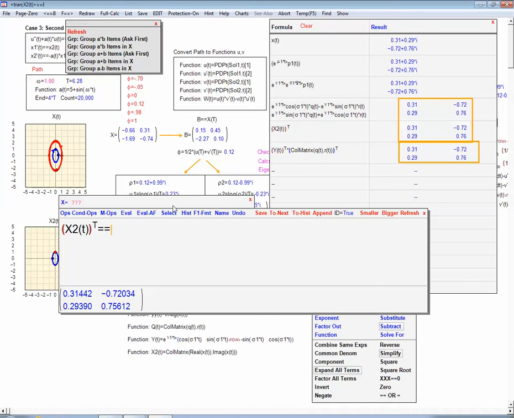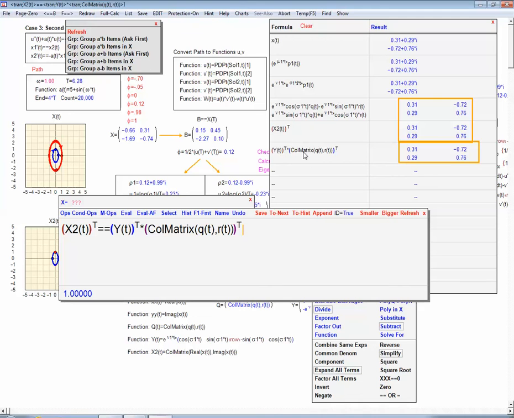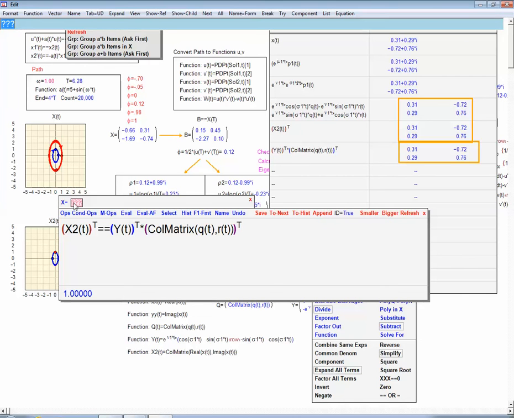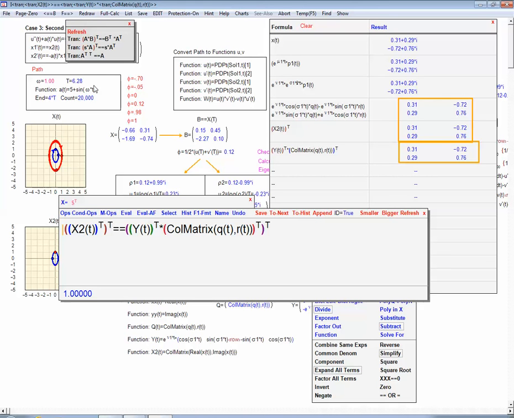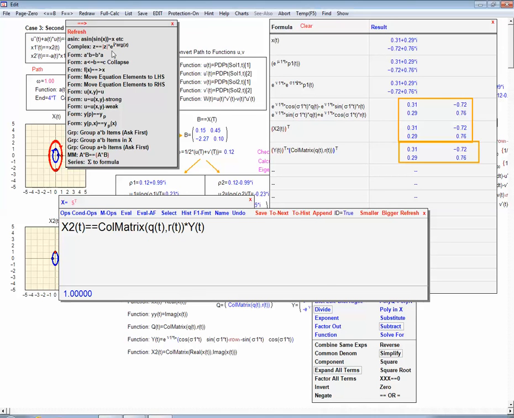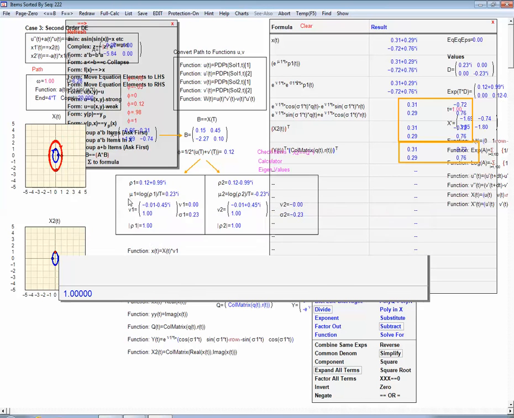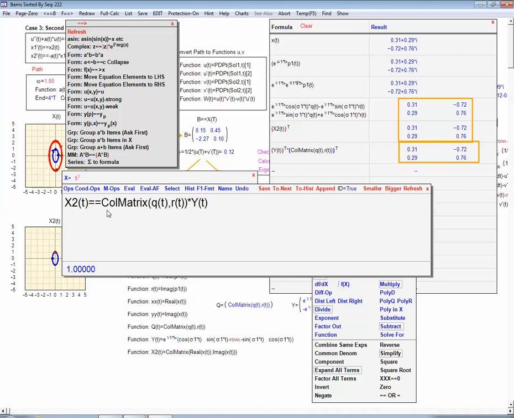And let's put it equals this second piece here. And see, the ones are, yep, we're okay there. And now let's hit both sides with the transpose, and use some properties of the transpose. The first one we're going to use is this one, say. And there it is. We end up with just what we want.